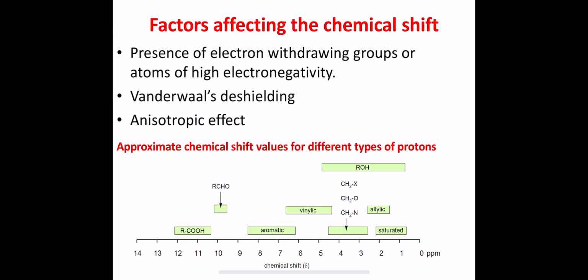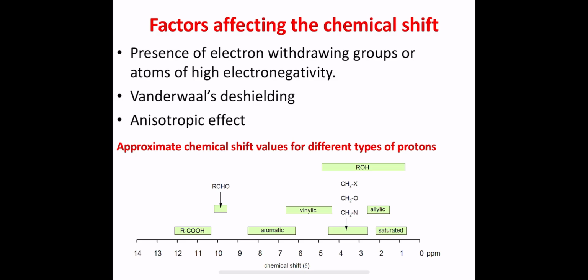The effect of this induced magnetic field depends upon the region of the proton. If the induced magnetic field is along the direction of the applied magnetic field, then the resonance occurs at higher frequency and the delta value increases. This happens for protons in an aromatic ring, an aldehyde group, a carboxylic group or an alkene carbon, and this effect is called the anisotropic effect.